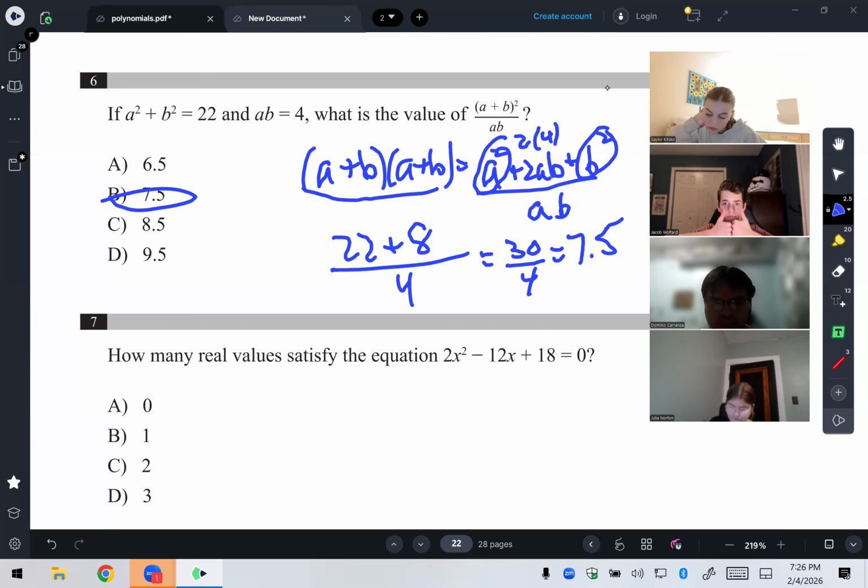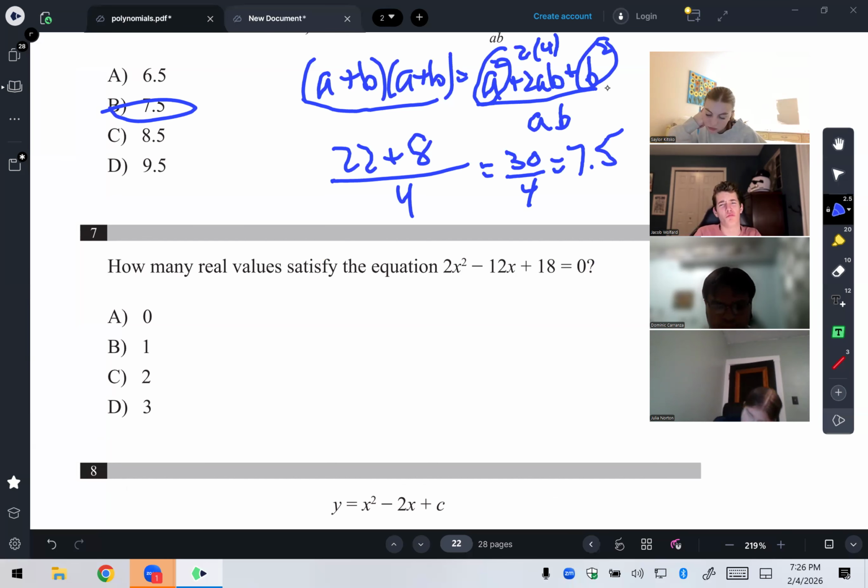Okay, here comes, we know what to do. We have to bring out our discriminant. Try this one. See if you beat me to the answer.